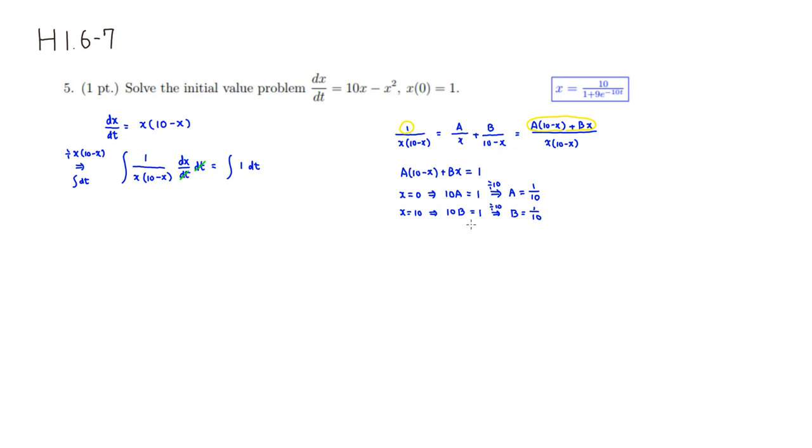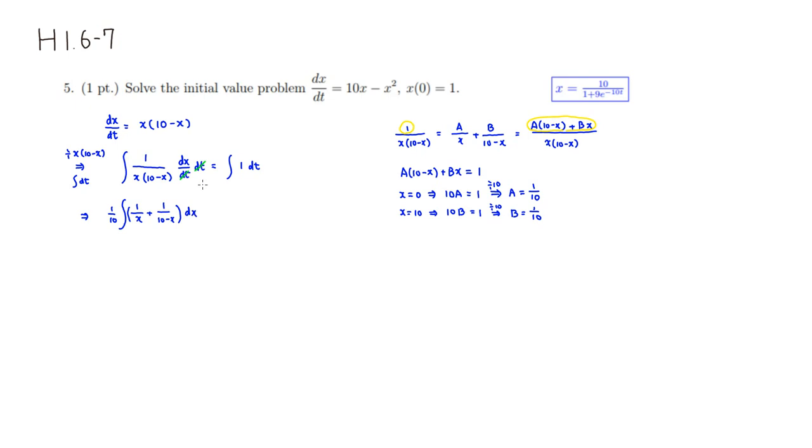Right? So we can pull out the 1 over 10. So you're going to have this integral. We're going to have 1 over 10 pulled out, so you're going to get 1 over x plus 1 over 10 minus x, dx.